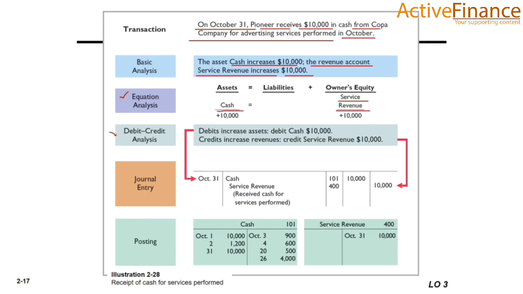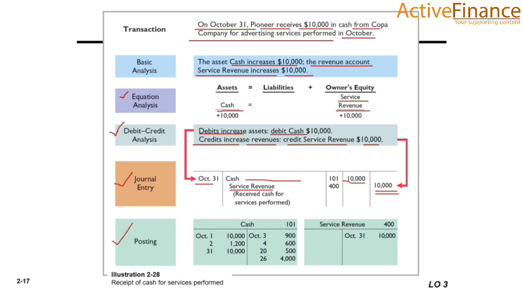In the debit and credit analysis, debit increases the asset, so the cash account is debited, and credit increases the revenue, so we credit service revenue by 10,000. In the general entries, we will debit cash, as it increases by 10,000, and service revenue, since it increases, is recorded on the credit side.